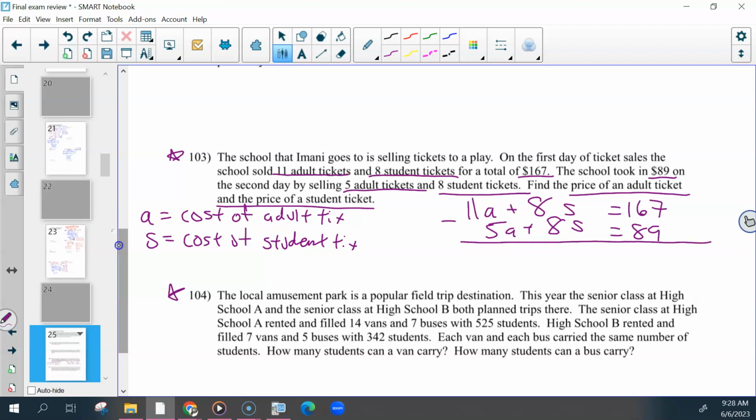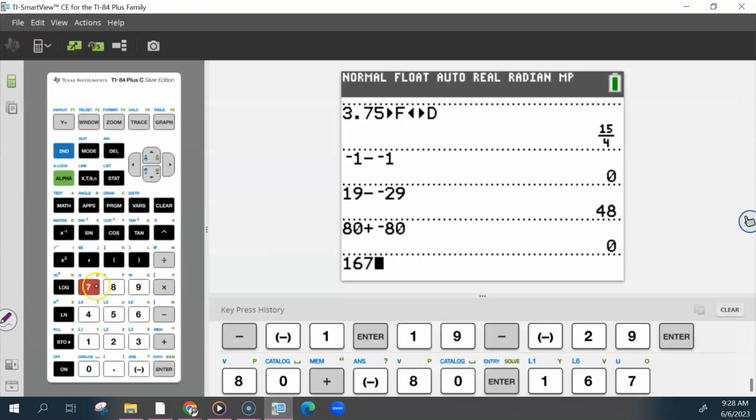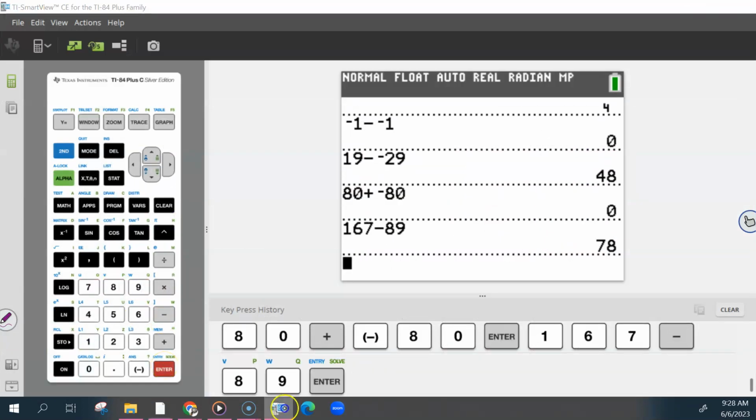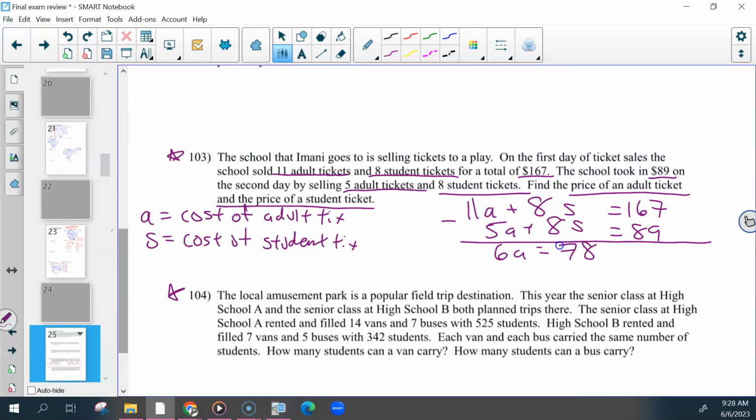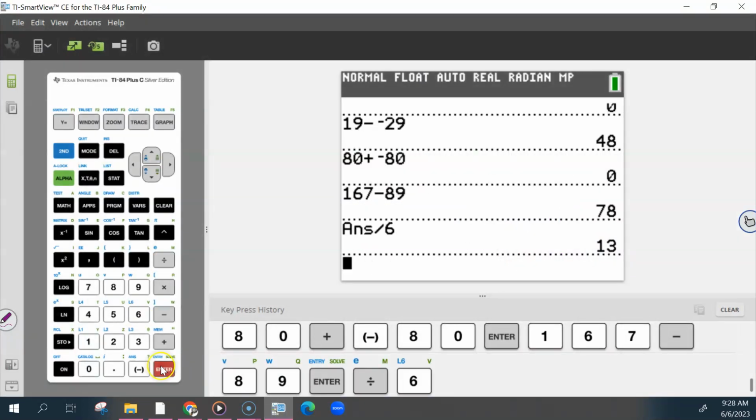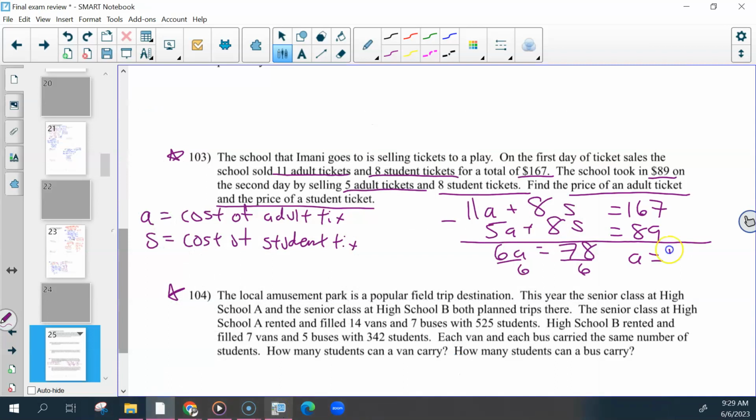So subtract the 2 equations and divide to solve for A. Since we're looking for the price, we have to label it as $13.